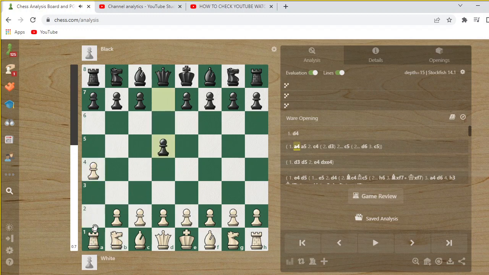Because they can get to any square of the board. So rooks go in straight lines, but if you see on the chessboard, the bishops can only really access half the board.